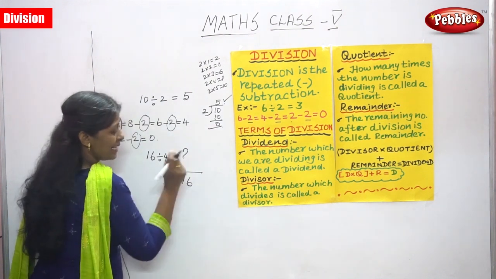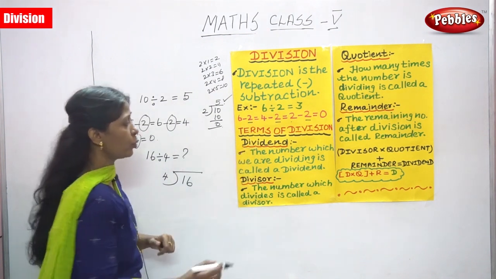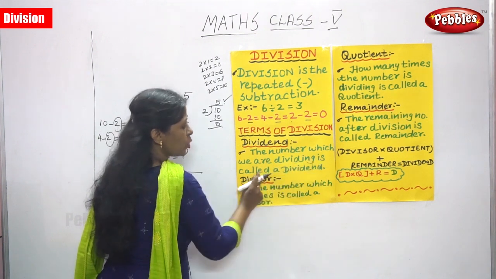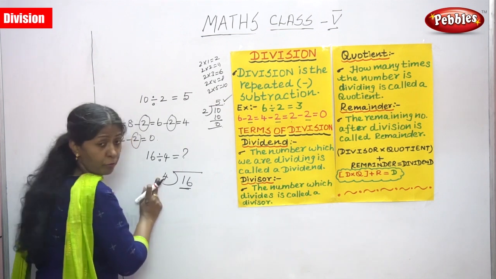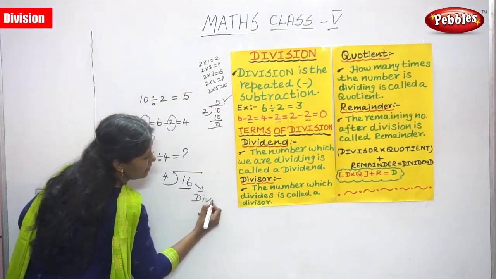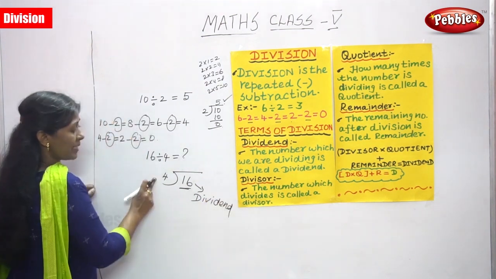In this case I told you, the first term is dividend. Dividend means the number which we are dividing is called a dividend. So 16 we are going to divide by 4. So this is the dividend, D-I-V-I-D-E-N-D. The next number is 4.